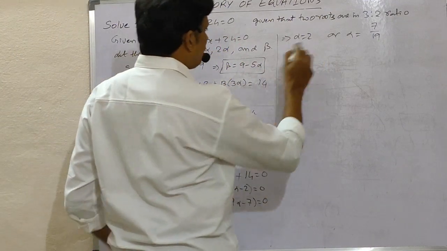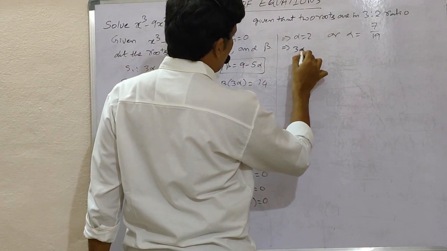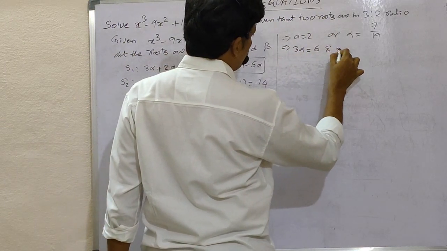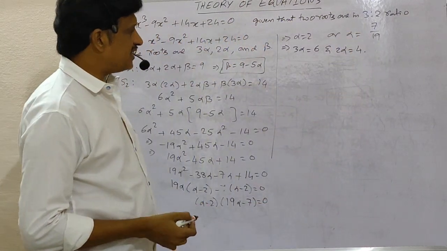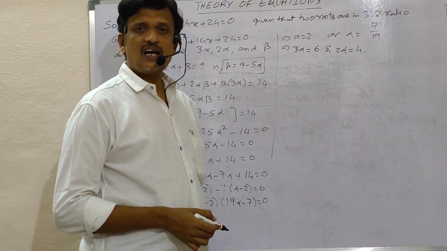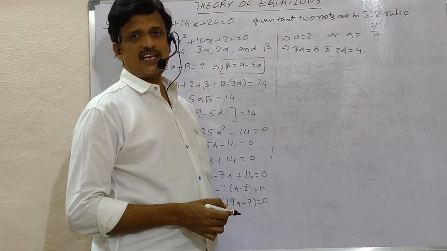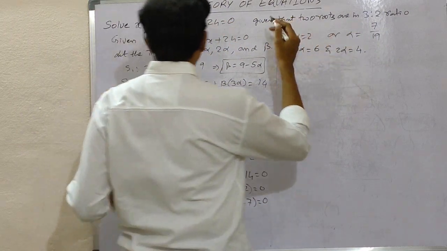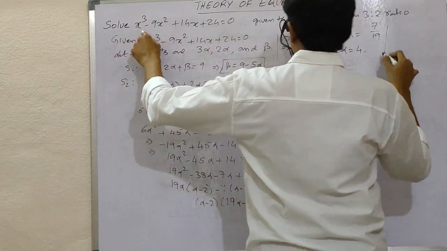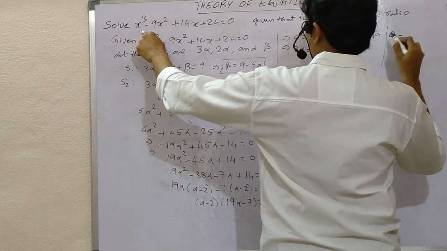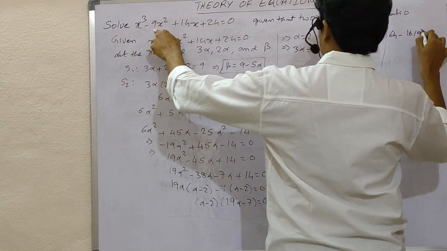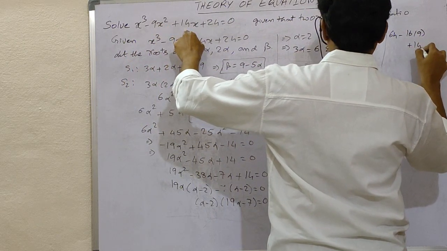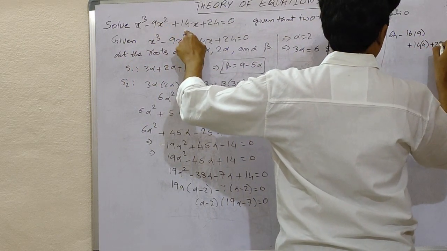If alpha equals 2, then 3 alpha will be 3 into 2, 6, and 2 alpha will be 2 into 2, 4. Now verify whether 4 satisfies the equation, or whether 6 does. If you put 4 here, 4 cube gives 64 minus 4 square, 16 into 9, plus 14 into 4, plus 24.